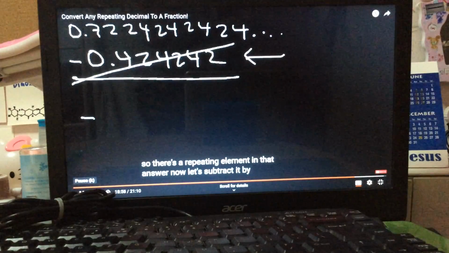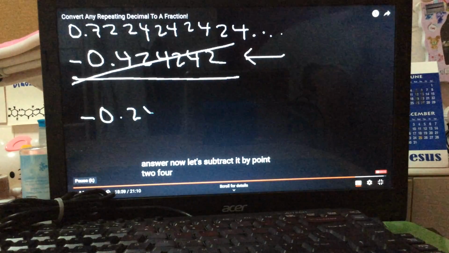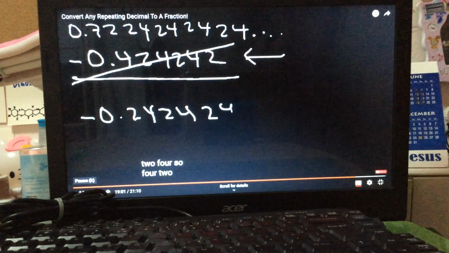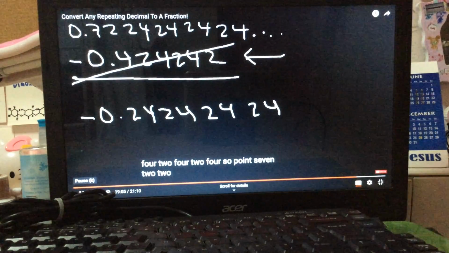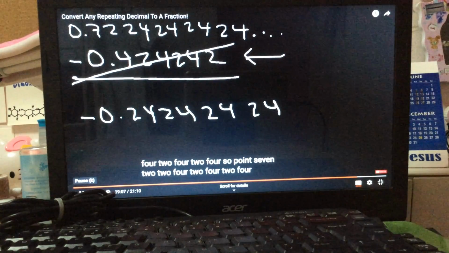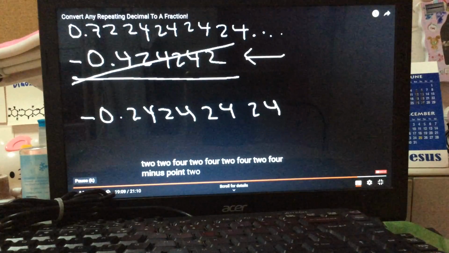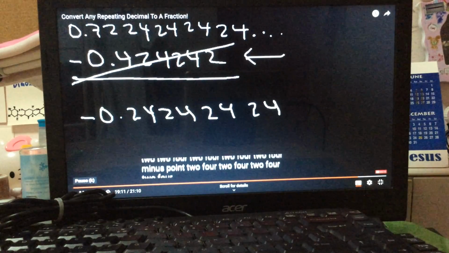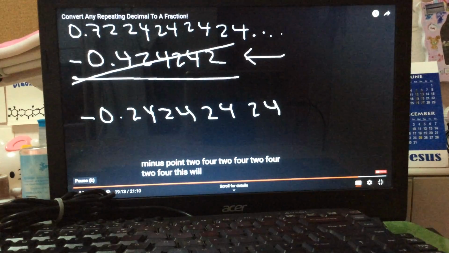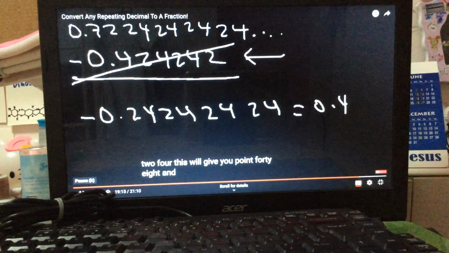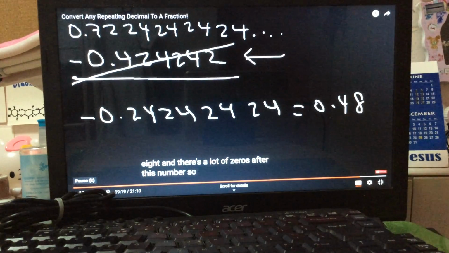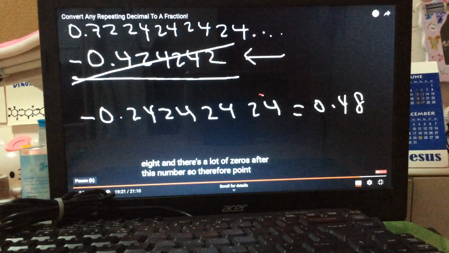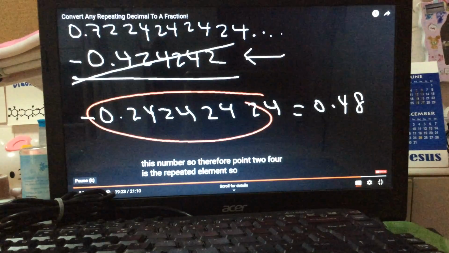Now let's subtract it by 0.24242424. So 0.7224242424 minus 0.24242424. This will give you 0.48. And there's a lot of zeros after this number. So therefore, 0.24 is the repeating element.